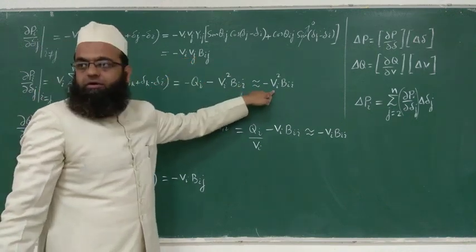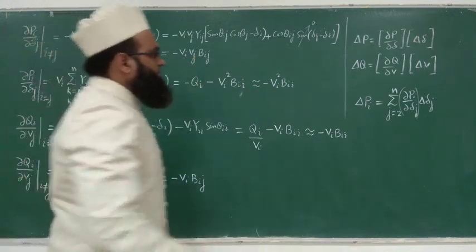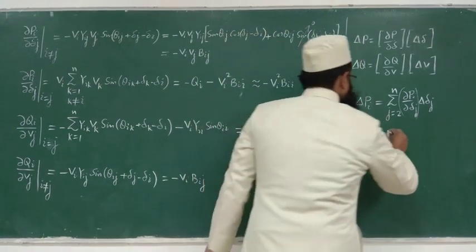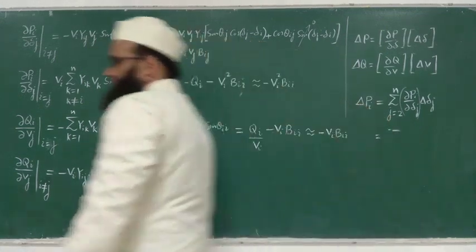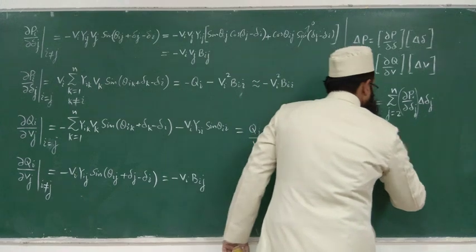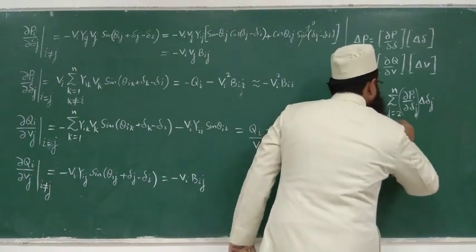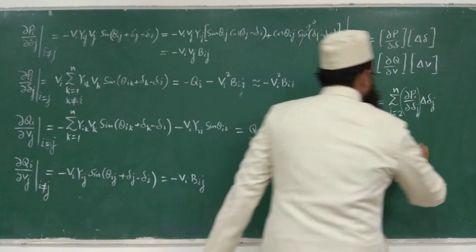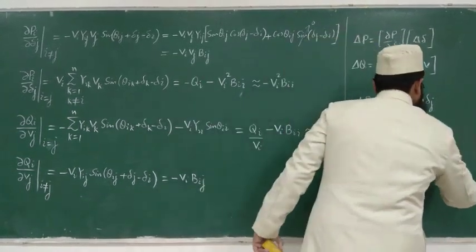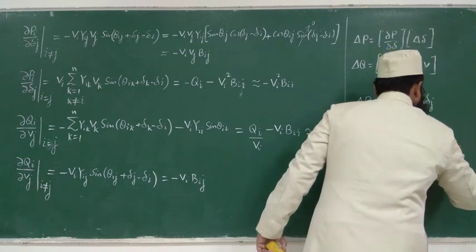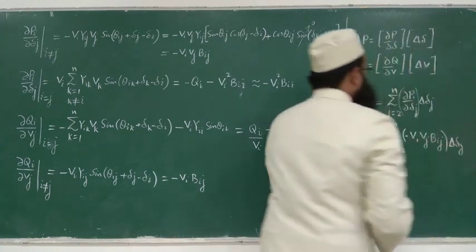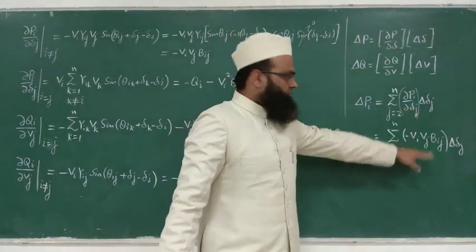So we may write del Pi is equal to summation J equal to 2 to n of minus Vi Vj Bij times del delta J. Clear to you?